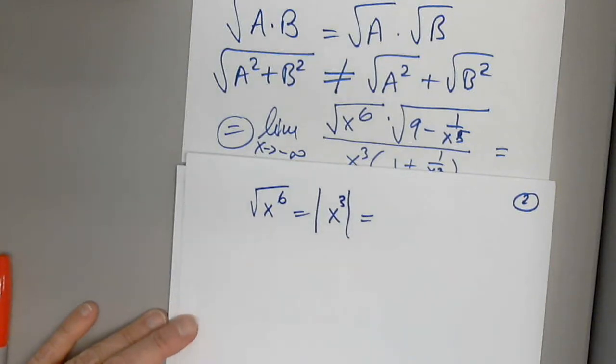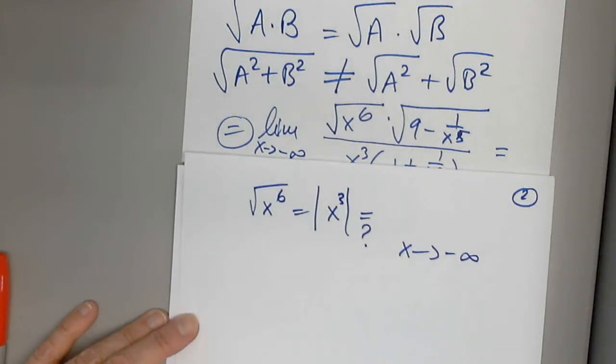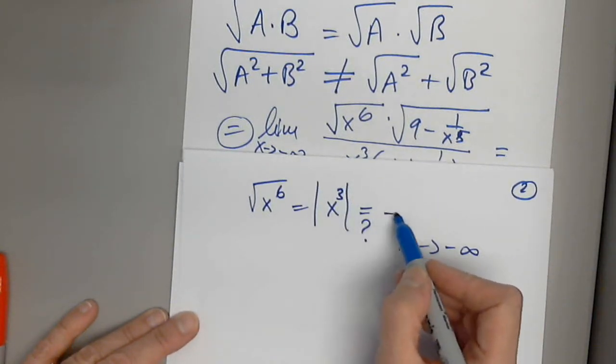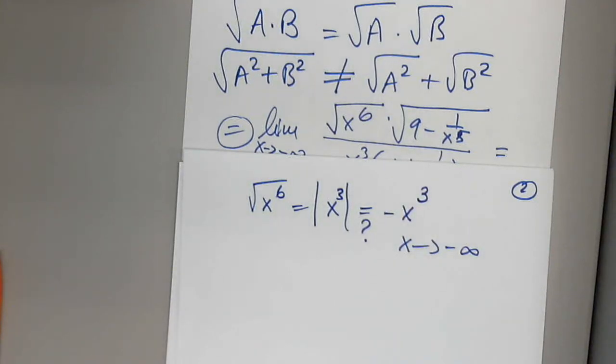But this can be replaced by what, knowing that x approaches negative infinity? Negative x to the 3rd. What would you have replaced the absolute value of x cubed by if x approached positive infinity? x to the 3rd.